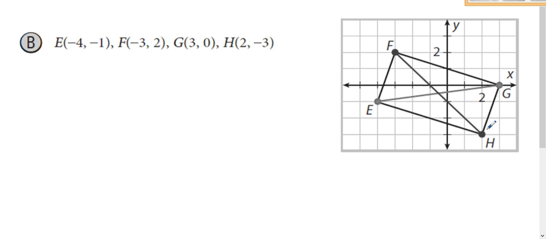If you wanted to check explicitly to show that it's not a rhombus, you would check the slope of the diagonals, FH. That goes down 1, 2, 3, 4, 5, and over 5. Down 5 over 5.